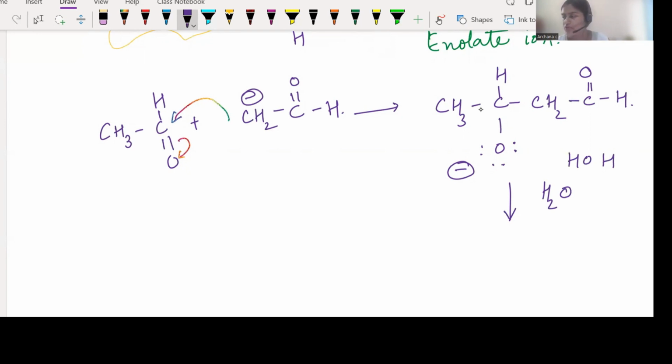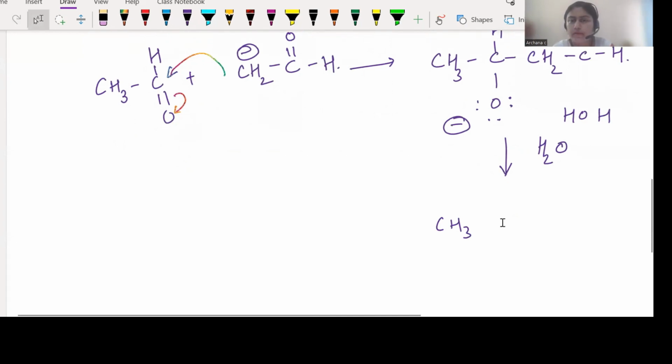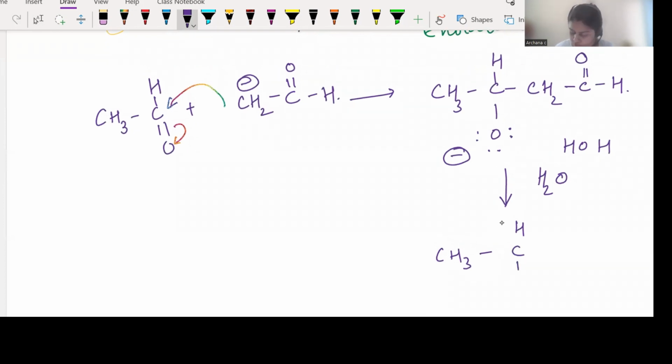So what happens is this O negative will have a tendency to take that proton from water to give you CH3, CHOH, CH2, CHO.